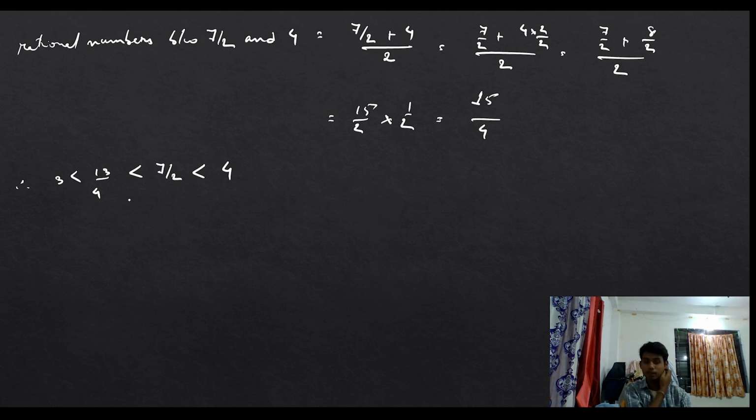Now we'll find rational numbers between 3 and 13 by 4.